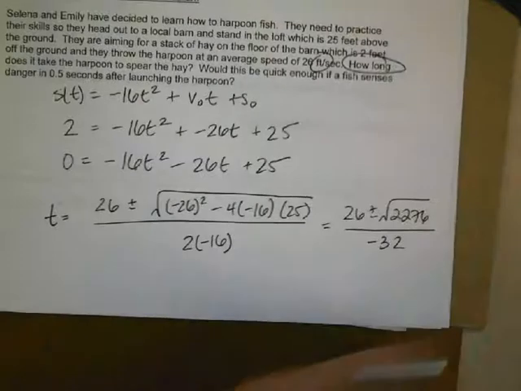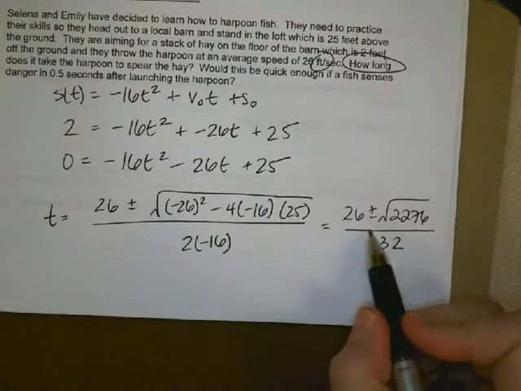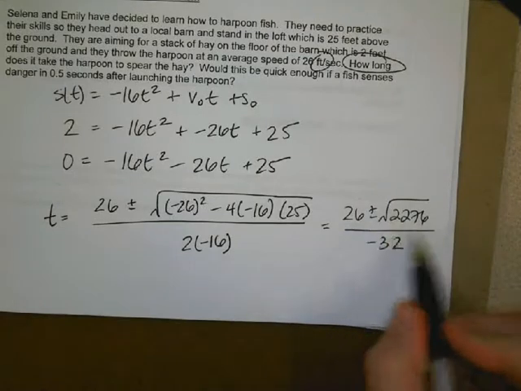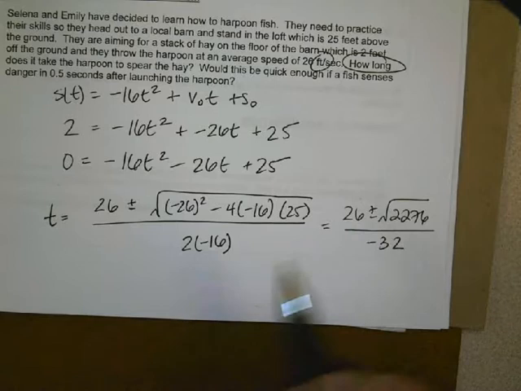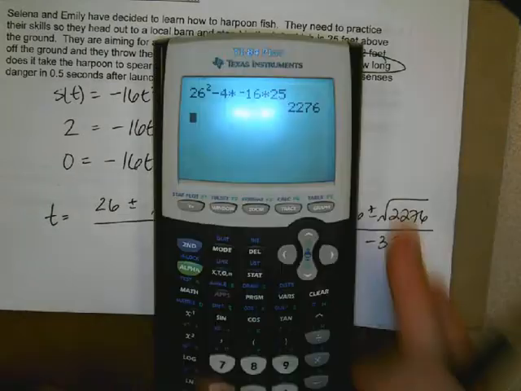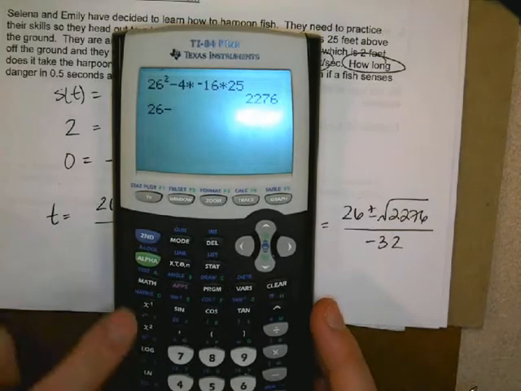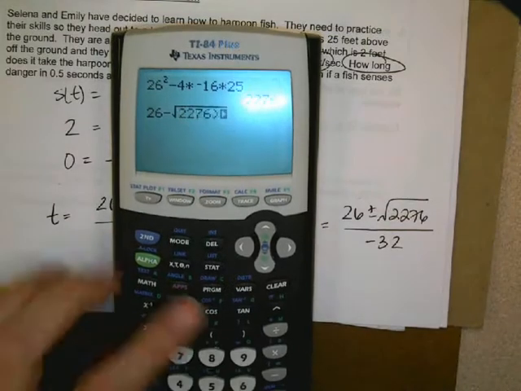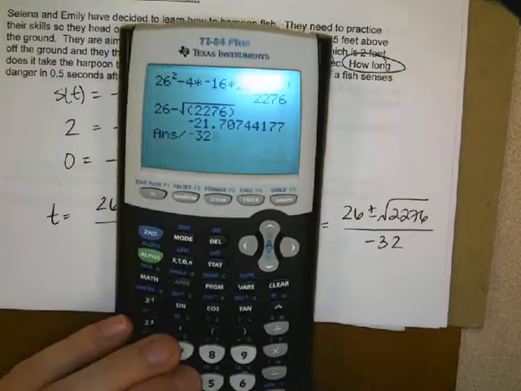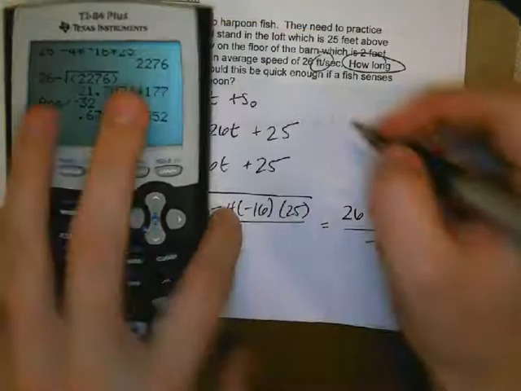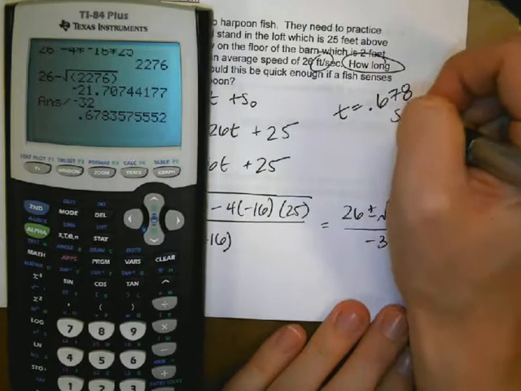One of them is going to be a negative answer, one of them is going to be a positive. The negative answer is going to occur when I take 26 plus that radical, because that's going to be a positive number divided by a negative number. So I'm going to actually skip that one. I'm going to take 26 and subtract that radical, and then divide that by negative 32, because then a negative divided by negative is a positive. And you get a time of 0.678 seconds.